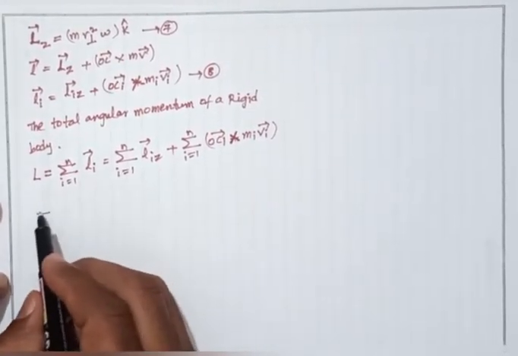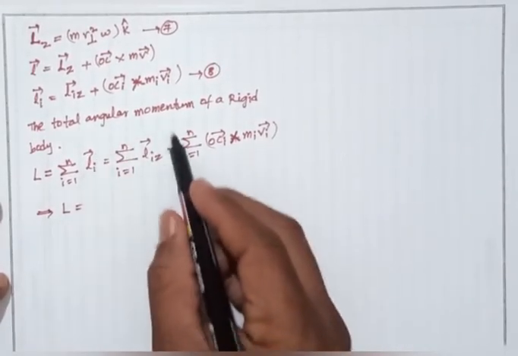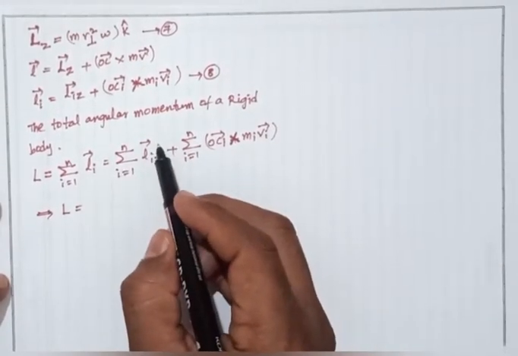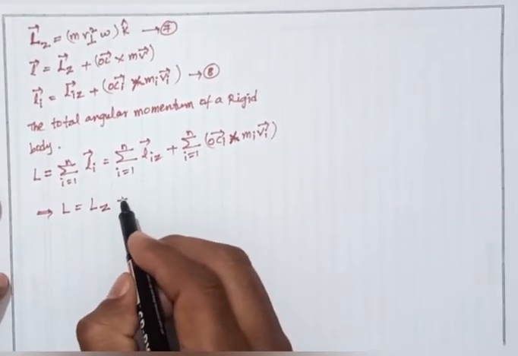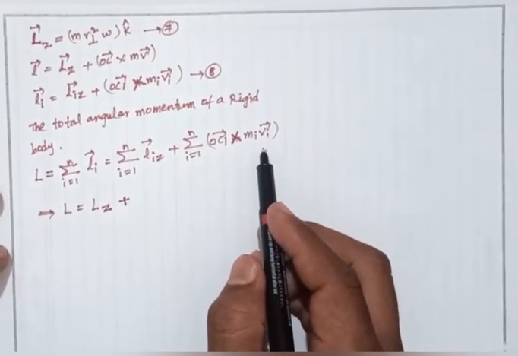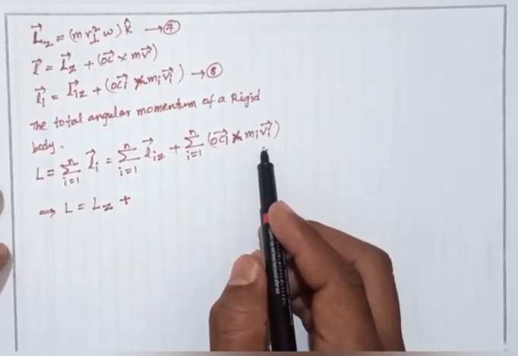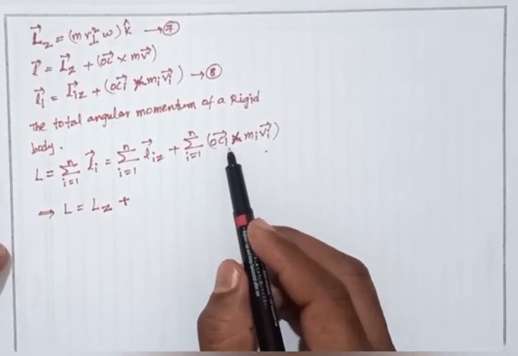That implies L equals, along the z direction, the total angular momentum is written as Lz plus, so what is OC bar?